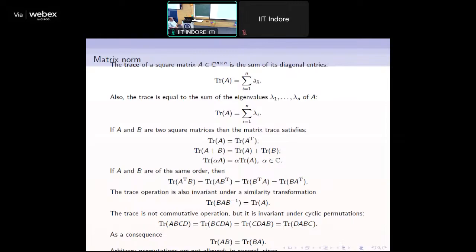About the matrix trace, you will see more later. An important property is that trace is not commutative, but invariant under cyclic permutations. In this way, we obtain the property that the trace of AB and BA are equal, but it is not according to commutativity. It is according to this cyclic permutation property.